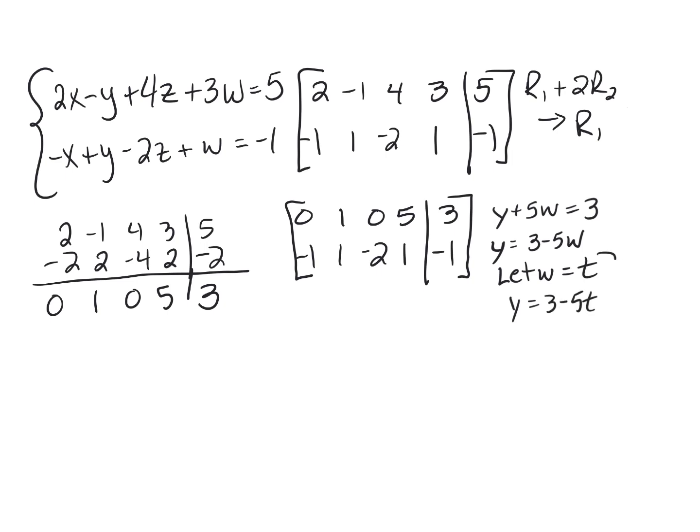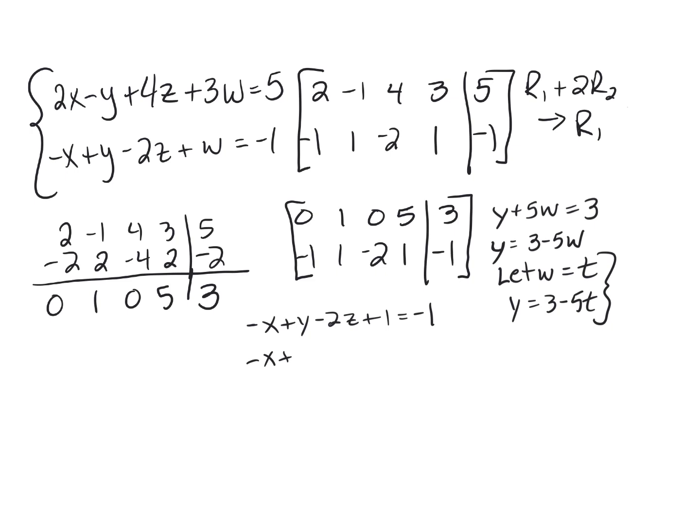Simple enough, but let's look at row 2. Row 2 says minus x plus y minus 2z plus w equals negative 1. So let's plug in the w, minus x plus t, minus 2z, and, oh, I did that backwards. Catch yourself.